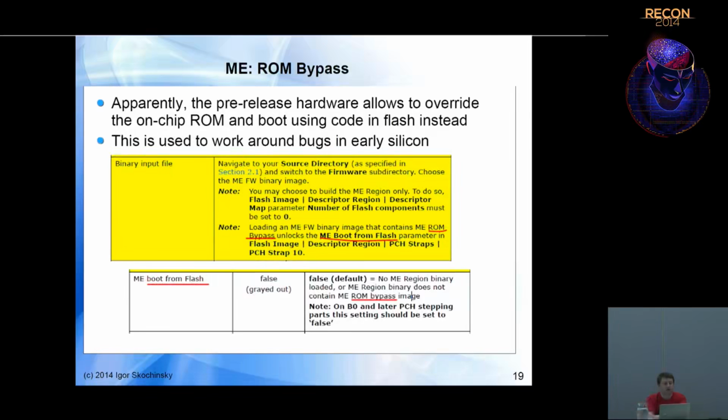And of course, this is very early silicon. It contains bugs, and it may also contain bugs in this boot ROM of the ME. So they allow for this early silicon, non-pre-release, they allow you to kind of flip a bit and tell, okay, don't use the boot ROM, but boot from the flash directly from this ROM-B partition.